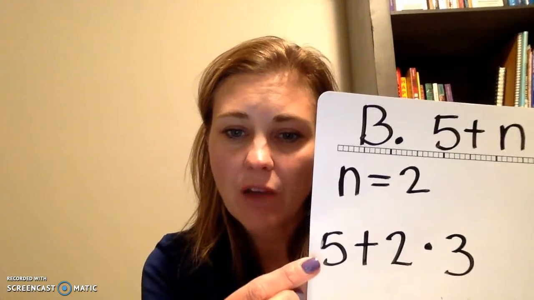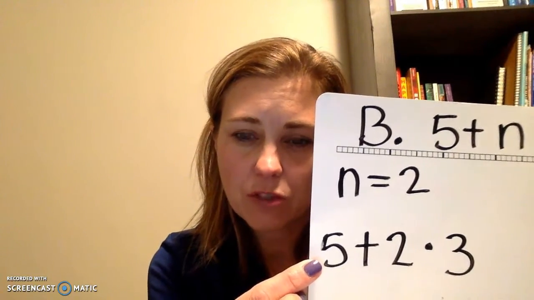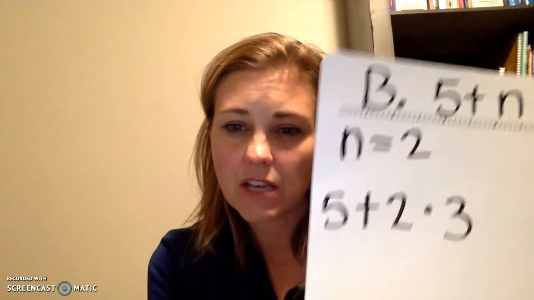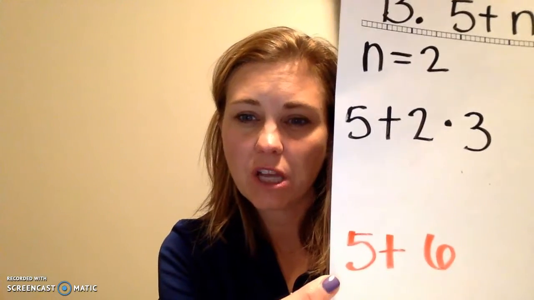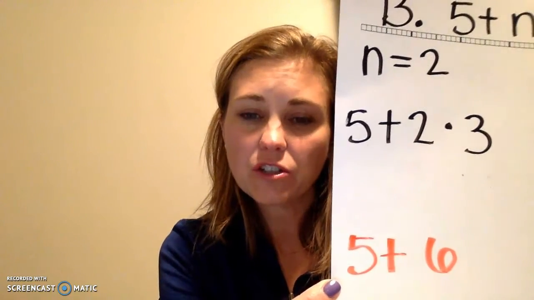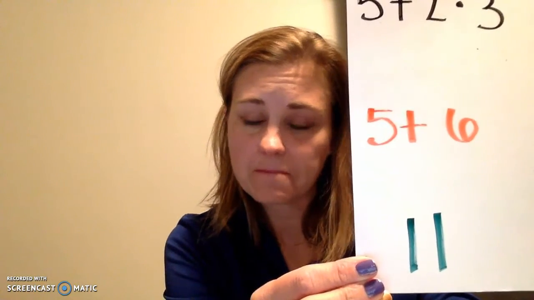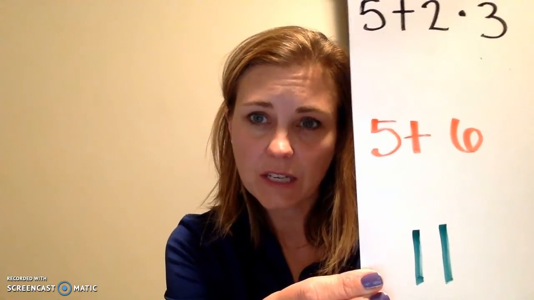I do have multiplication, so I'm going to start with that. So I have 2 times 3. When I do that step, I have 5 plus 6, because 2 times 3 is 6. Now I can simplify all the way down to one number by adding 5 plus 6. That gets me 11. Not 35, so I need to keep going.